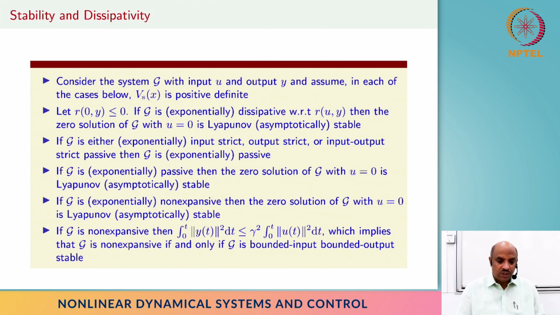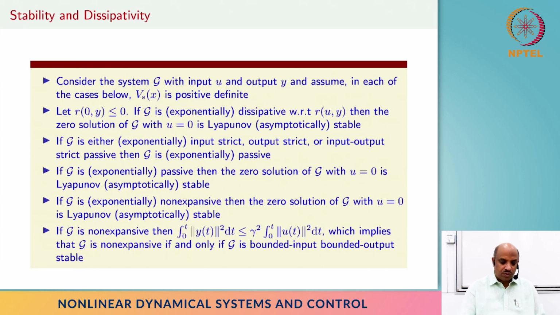It can be viewed as actually an input-output stability result. Because we can show, in the integral form, basically the final energy is less than or equal to gamma squared u transpose u minus y transpose y. So when you realize that if V is non-negative, positive definite, then basically we can simply conclude that the integral of the norm of the output squared is always going to be less than gamma squared times the integral of the norm of u squared.